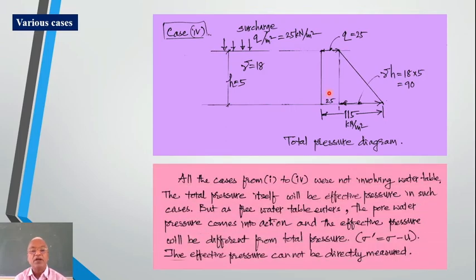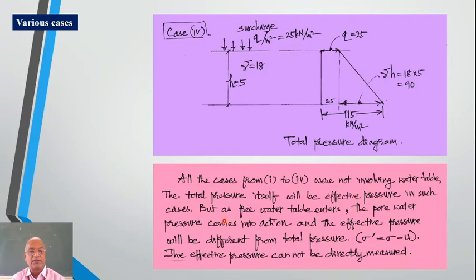Now, all the cases 1 to 4 were not involving a water table. Because of that, we were talking only about pressure, which is known as total pressure. The total pressure itself will be the effective pressure in such cases. That's important. When there is no water table, whatever pressure is there, that total pressure itself will be the effective pressure.